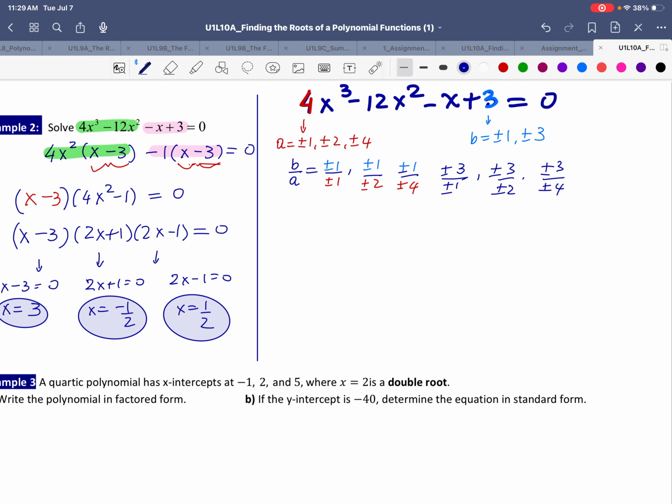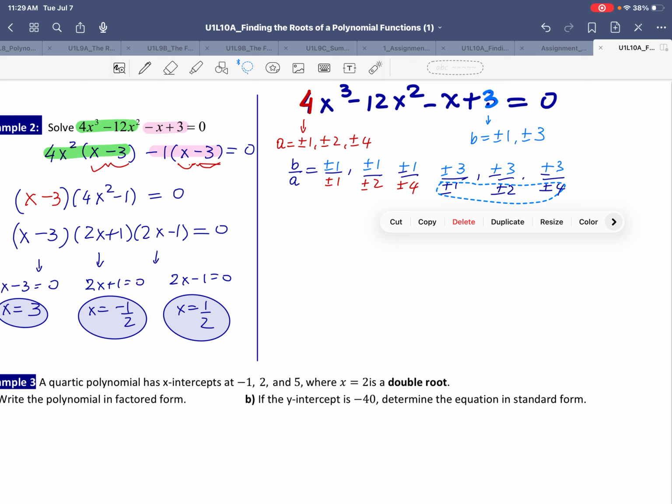Now, I know that it feels a bit overwhelming because we do see quite a few numbers in here, but remember that once we find our first b over a value, we're very, very close to the solution.